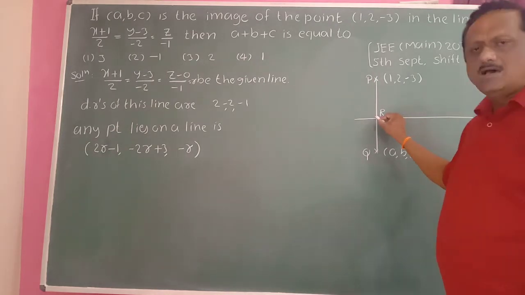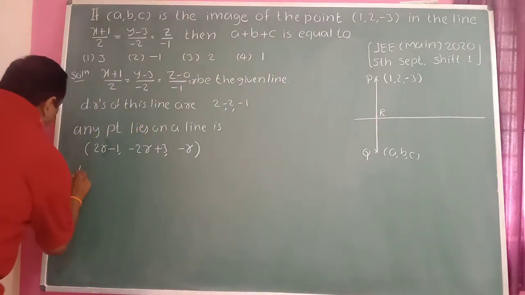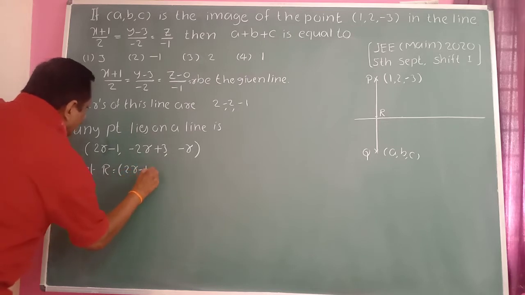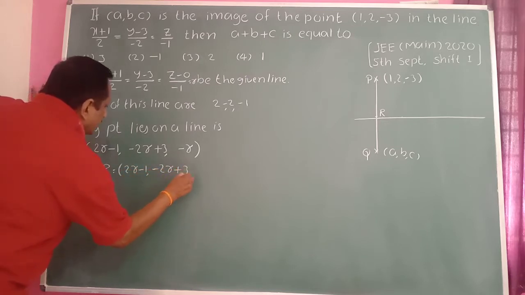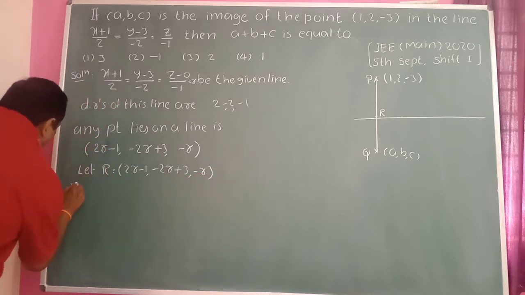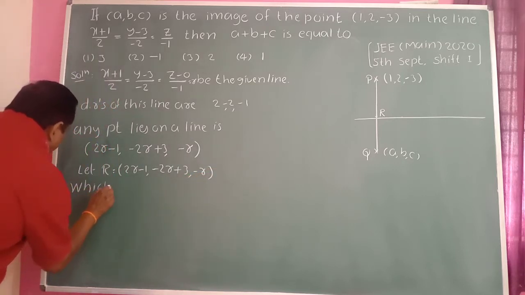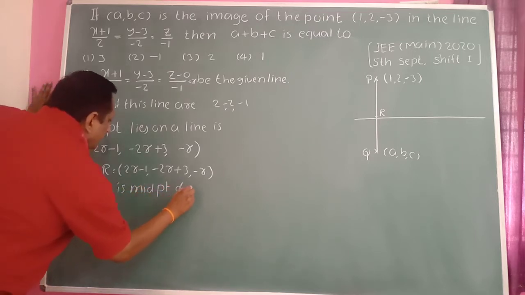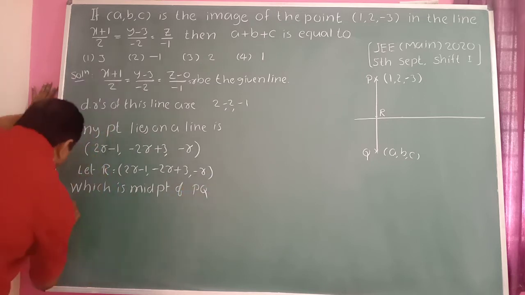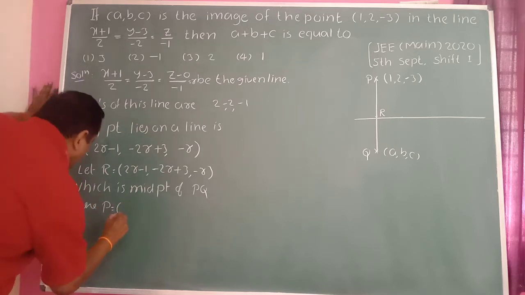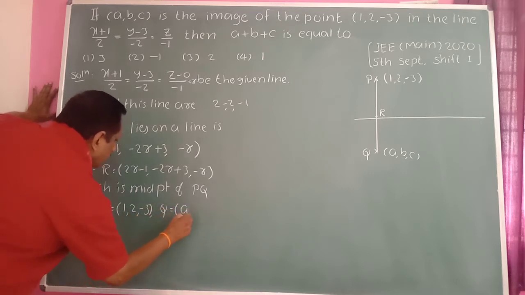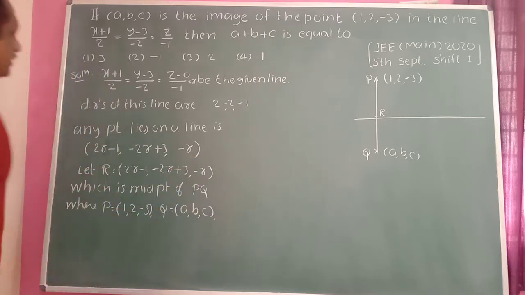Consider that point as R itself. Let R equal (2r minus 1, minus 2r plus 3, minus r), which is the midpoint of PQ, where P is (1, 2, minus 3) and Q is (A, B, C).